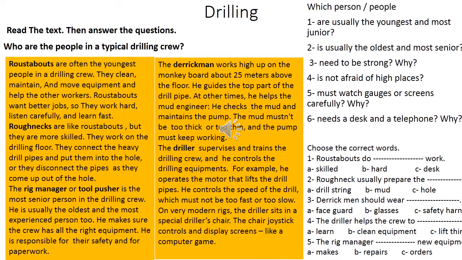The driller supervises and trains the drilling crew, and he controls the drilling equipment. For example, he operates the motor that lifts the drill pipes. He controls the speed of the drill, which must not be too fast or too slow.